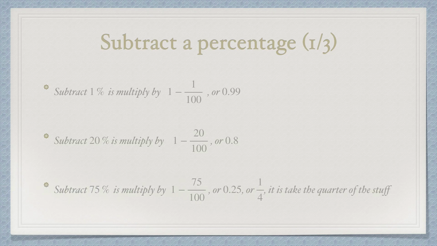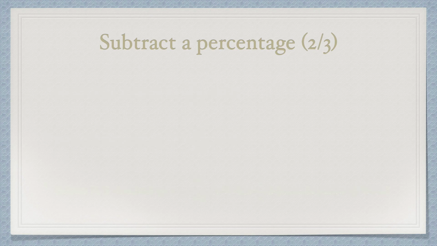And subtract 75% is multiplied by 1 minus 75 over 100 or 0.25 or 1/4, and it is take the quarter of the stuff. Subtract 2.5% is multiplied by 1 minus 2.5 over 100 or 0.975.